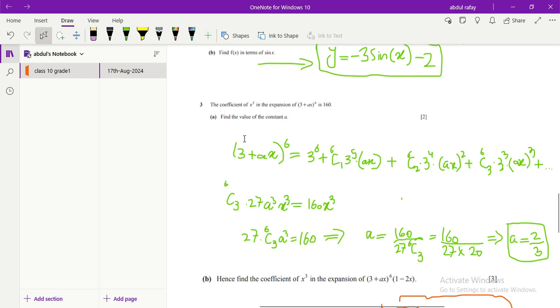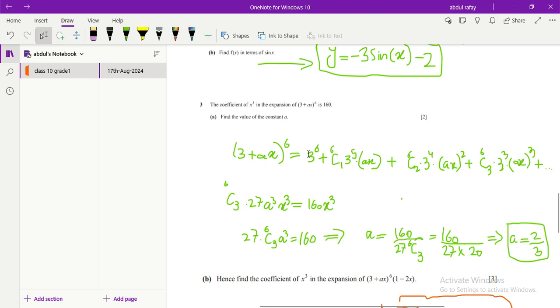So you will see (3 plus a x) to the power 6, and whenever we have a bracket with a power greater than 2, or lesser, like a half or something like this, then we will solve this by the binomial formula.